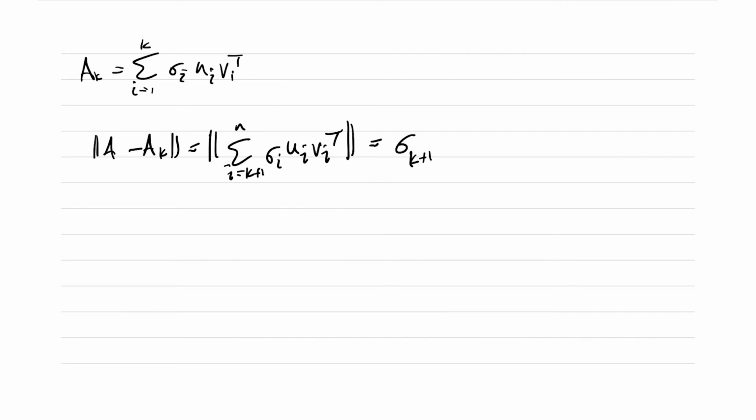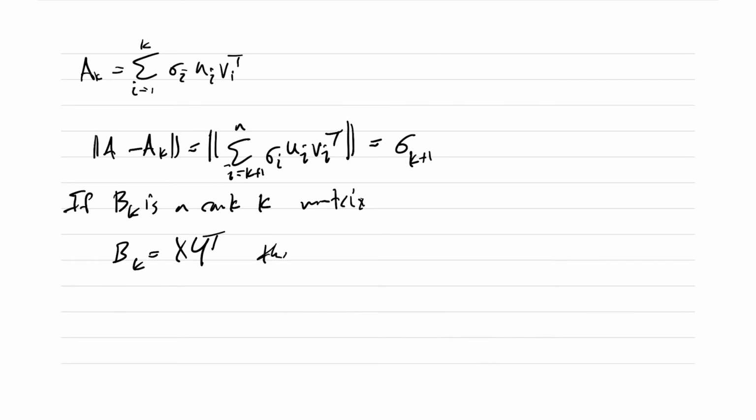Now what we need to show is that if B is a rank k matrix of the right dimension, such that we can write B_k equal to x times y transpose, then we want to show that the norm of A minus B_k has to be bigger than or equal to sigma k plus 1.